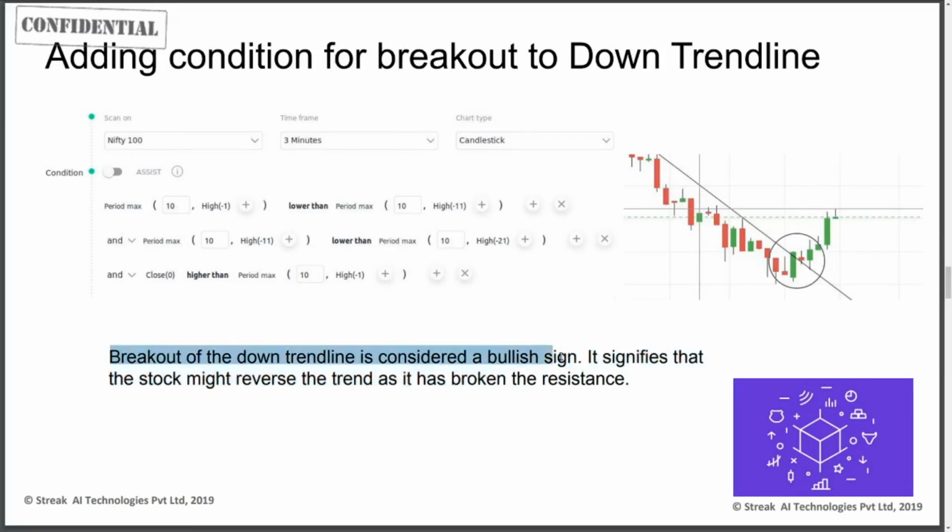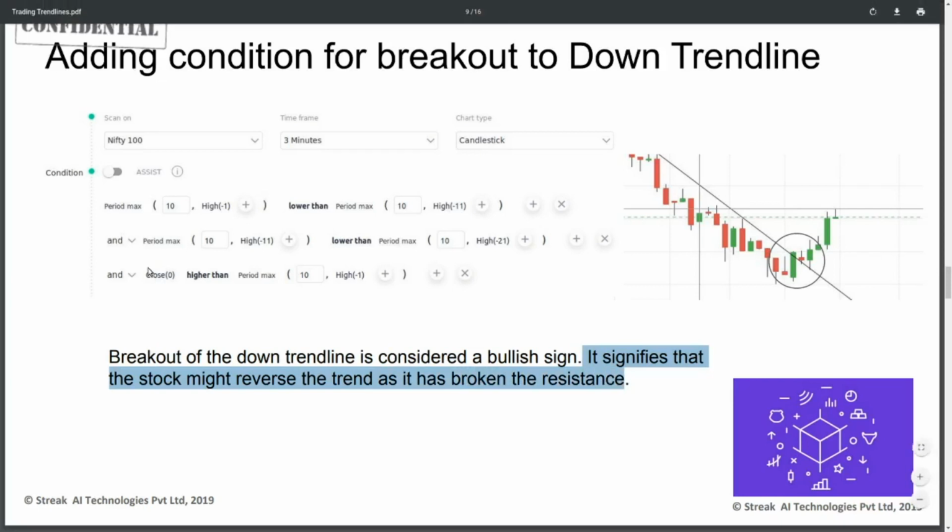Now, adding just one more condition helps you identify breakouts of a downward trend. A breakout of a downward trend is considered a bullish sign. It indicates that the stock trend might be reversing as it has broken a resistance level. How to do that? Very simple. You just have to add one line which says close higher than period max of the latest 10 candles. Let's do it.